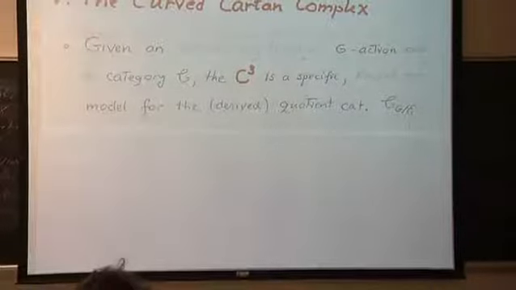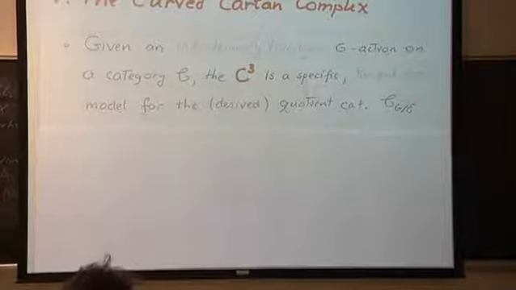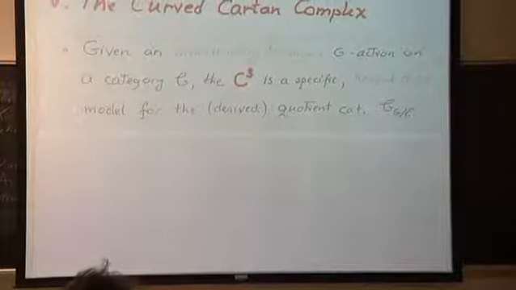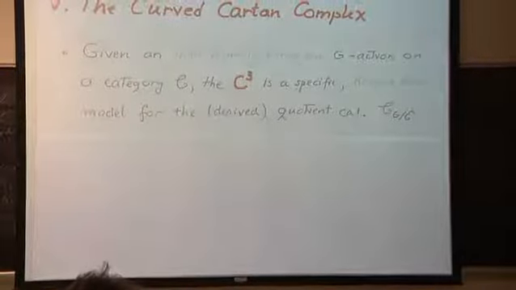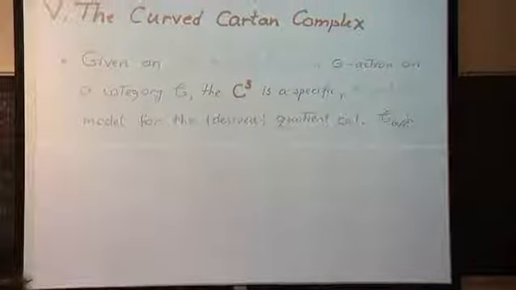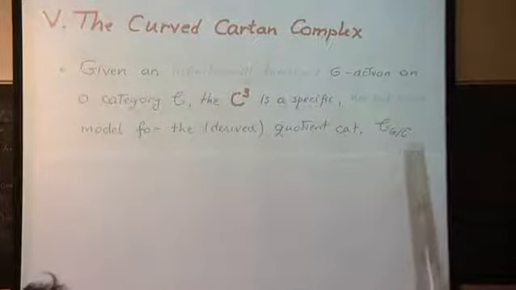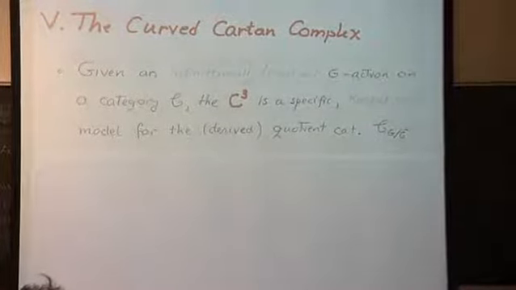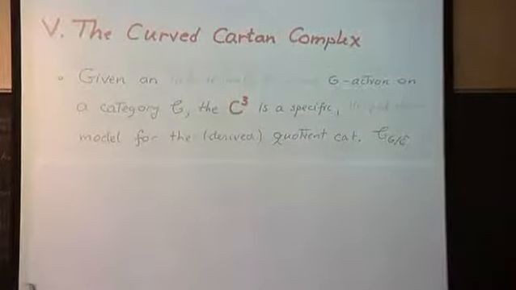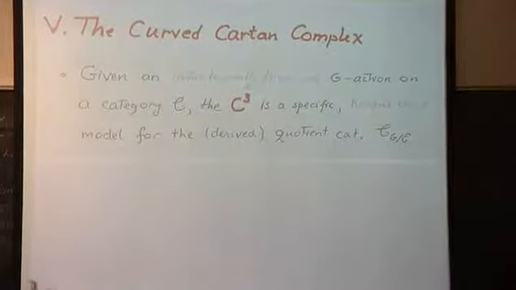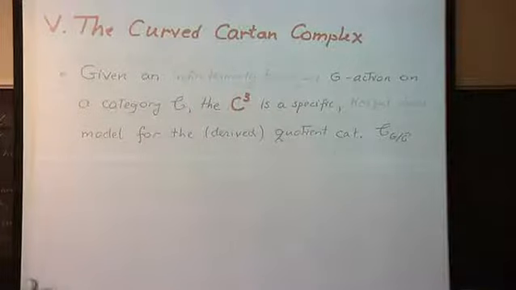So the C cube, the curved Cartan complex, is a specific model, Koszul dual, the standard model, a specific model for a derived quotient category. C, the co-invariance under the de Rham group stack of G inside C. So co-invariance under G in the world of locally trivialized, infinitesimally trivialized actions.